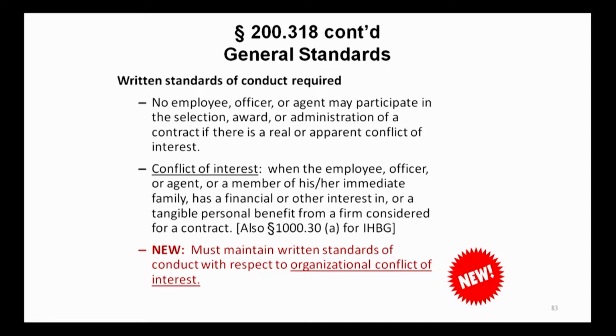There's a new component to conflict of interest that I want to point out here, and that is the requirement to have written standards of conduct with respect to organizational conflict of interest. And that's an interesting concept. So if you have a subsidiary or a parent company, then you have the potential or the appearance of a conflict of interest.